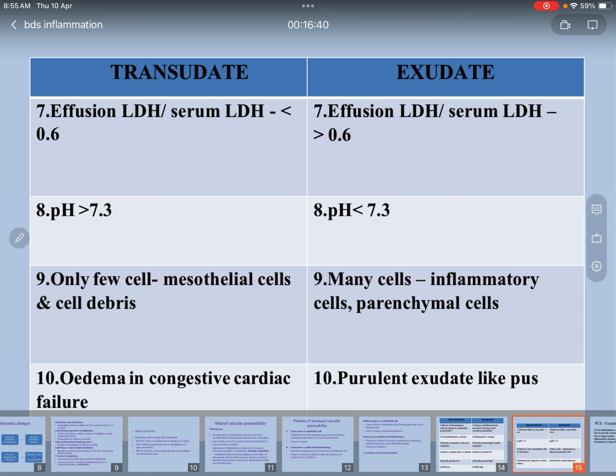There are many cells in an exudate, which includes inflammatory cells and parenchymal cells. An example of transudate is edema in congestive cardiac failure. And an example for exudate is purulent exudate, like pus in inflammatory reactions. Okay.